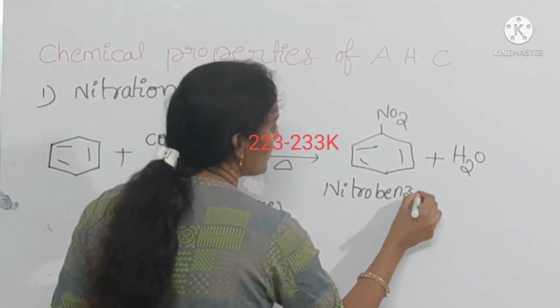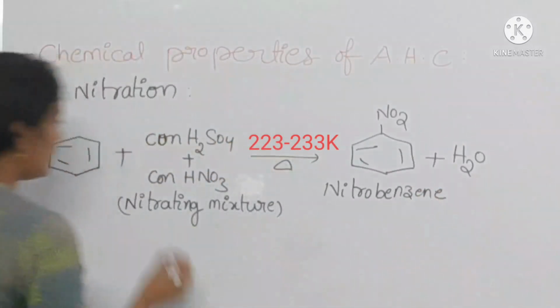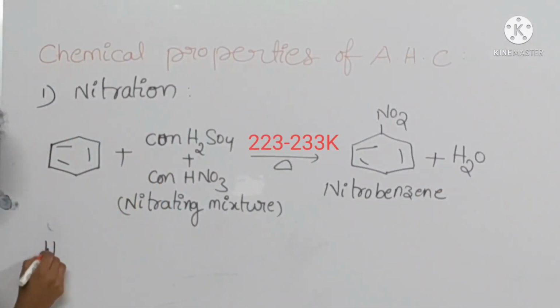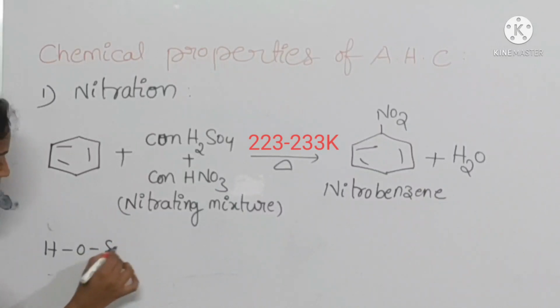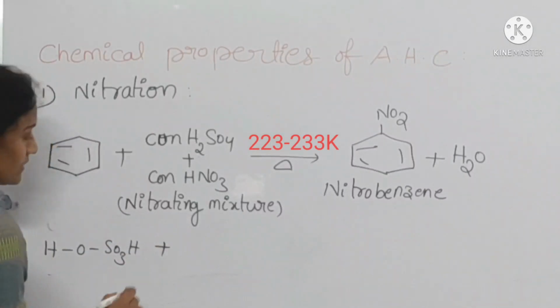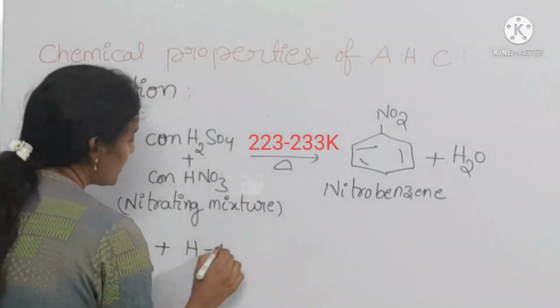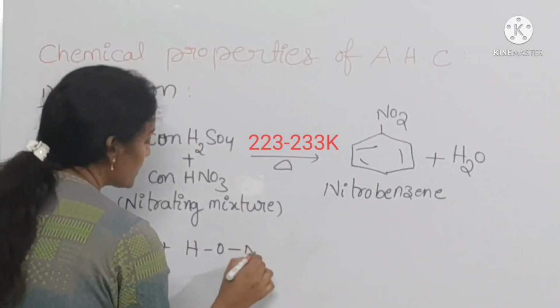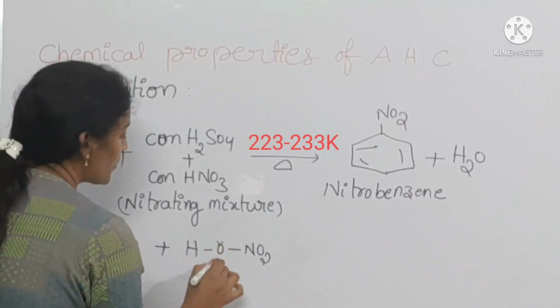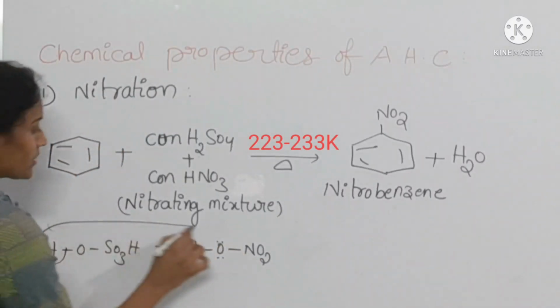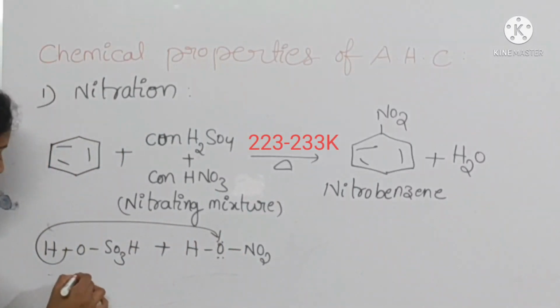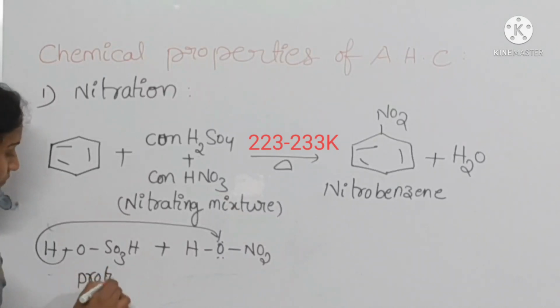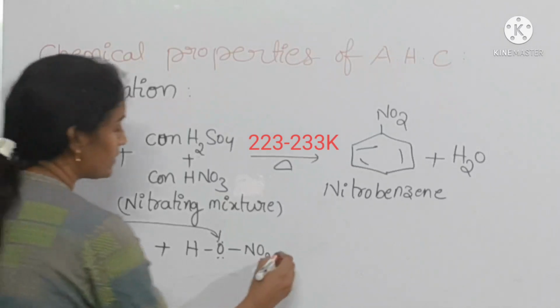In this case, concentrated H2SO4 acts as a proton donor, that means an acid. Concentrated HNO3 acts as a proton acceptor, that means a base. This is the formation of the electrophile, students.